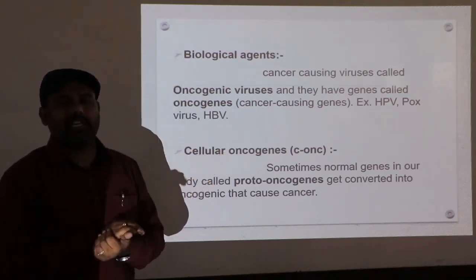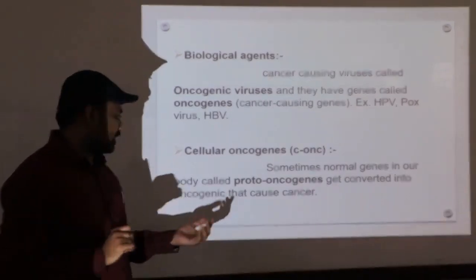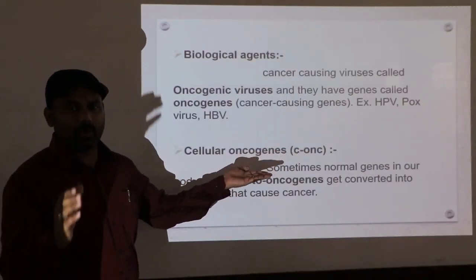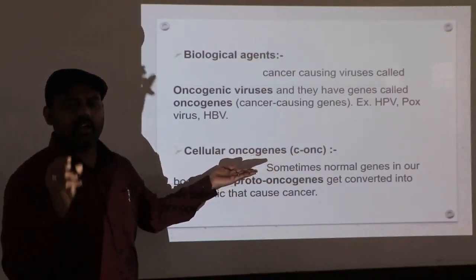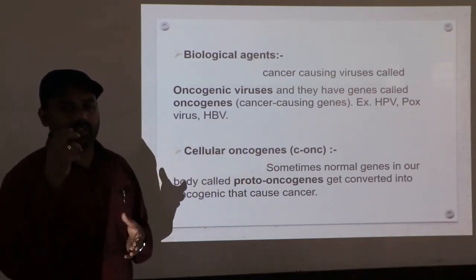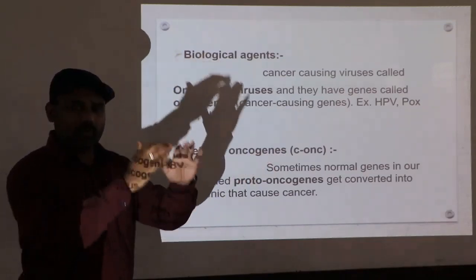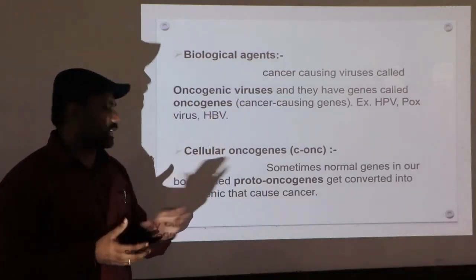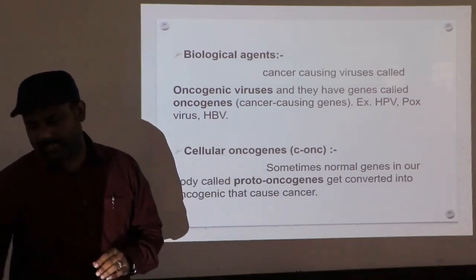At that time they can definitely cause cancer. Hence they are considered cellular oncogenes. Once again, in our body some cells contain normal genes. When we are exposed to carcinogenic agents, those normal genes are converted into cancer-causing genes. They are considered cellular oncogenes.